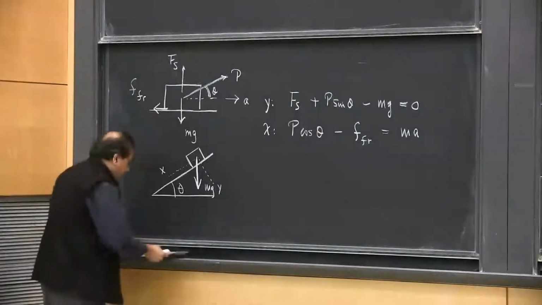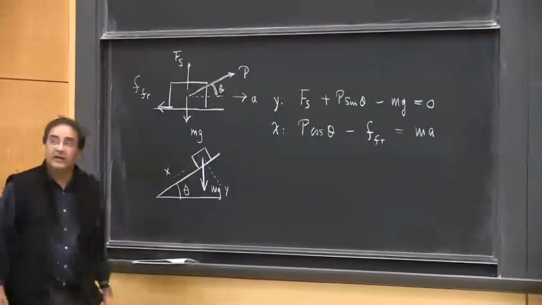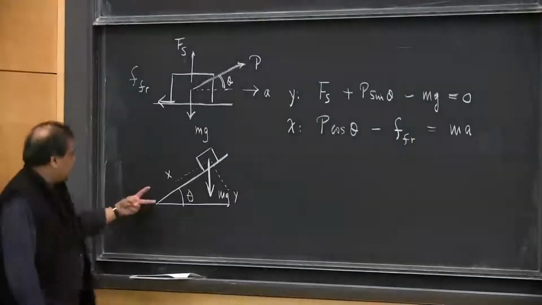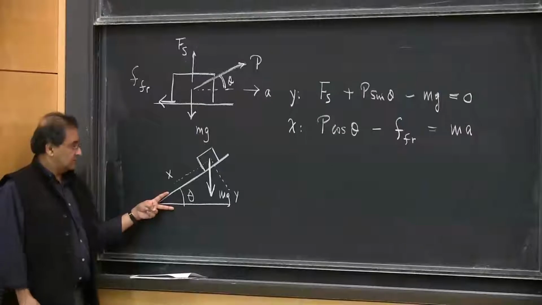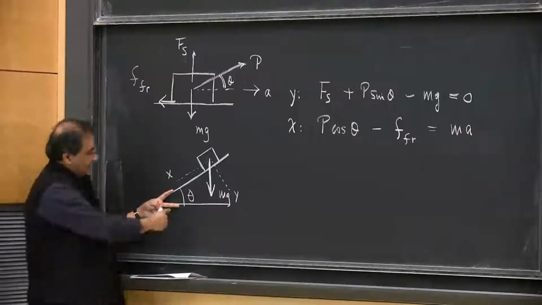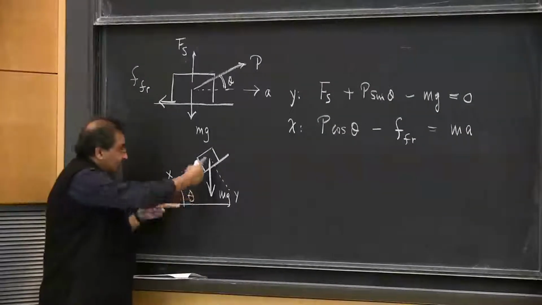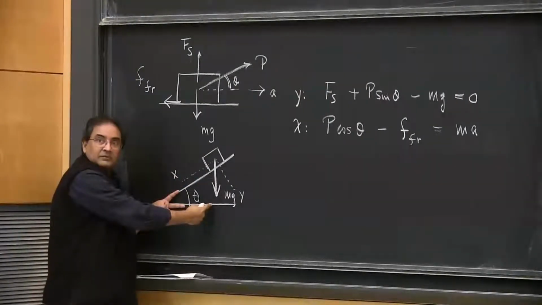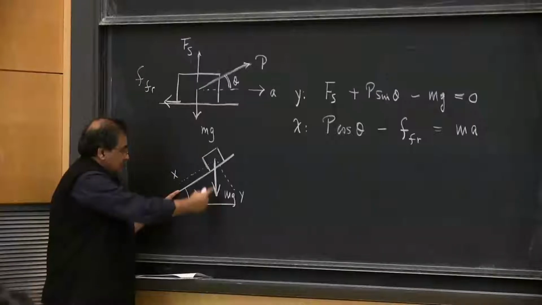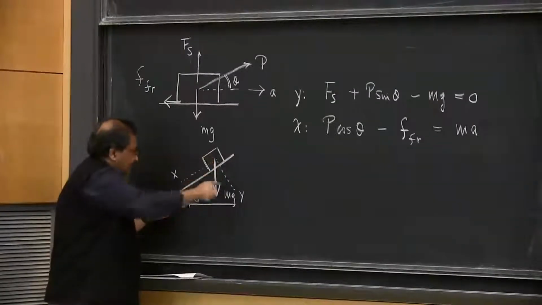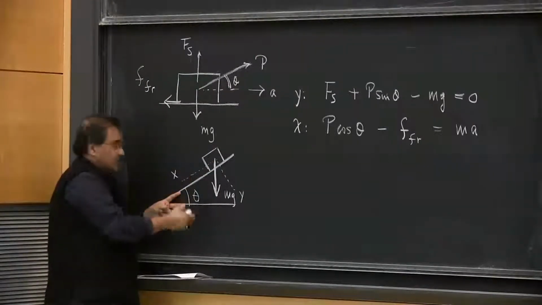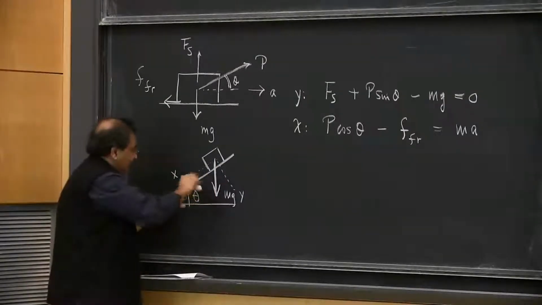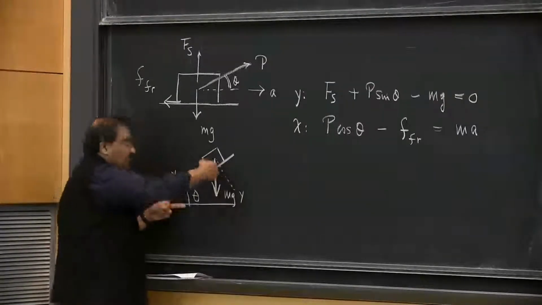Let me show you a super easy way of not screwing up angles here. If this is the angle here, notice that this line is perpendicular to this surface, and that line is perpendicular to that surface.